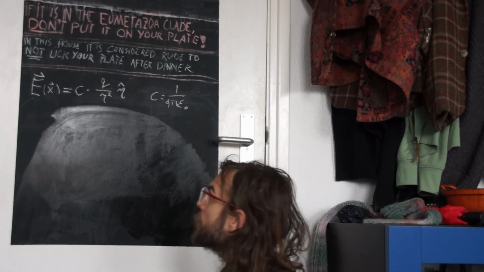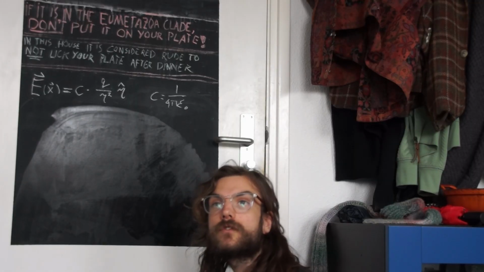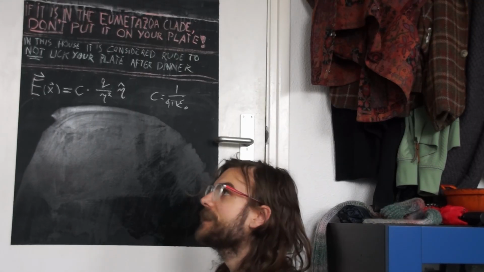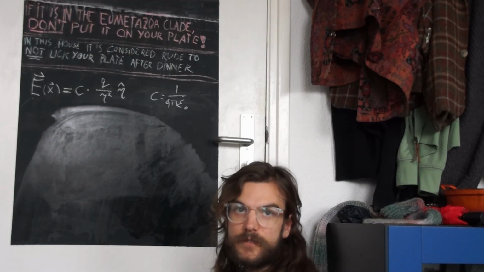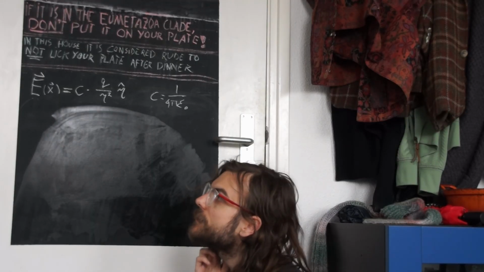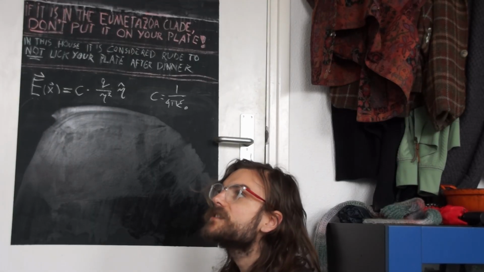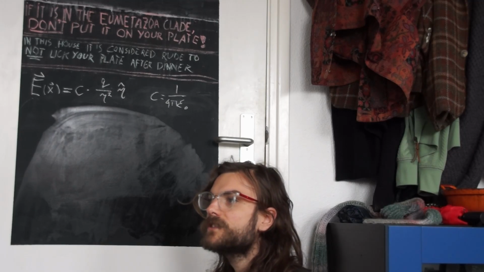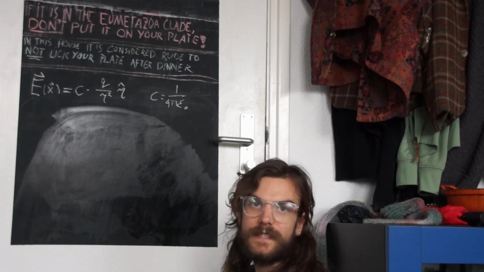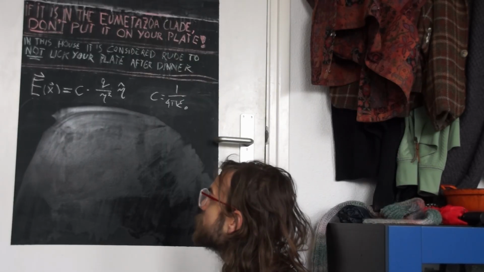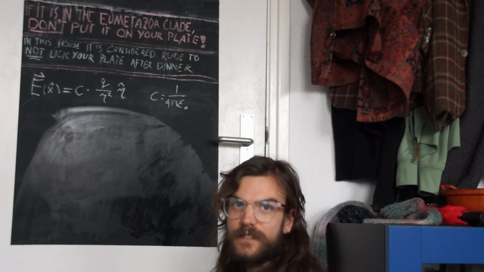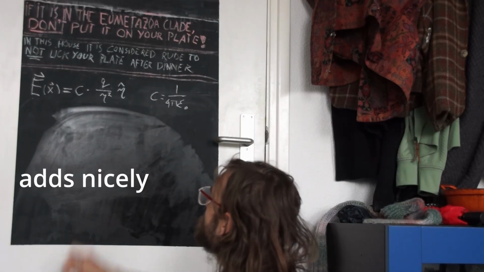What it says is that if you have two valid electric fields, and a valid field is a field that can arise from some type of charge distribution, then summing these two charge distributions creates an electric field that is the sum of the electric fields. It's a bit complicated when you say it like that. It just means that it adds nicely, basically.